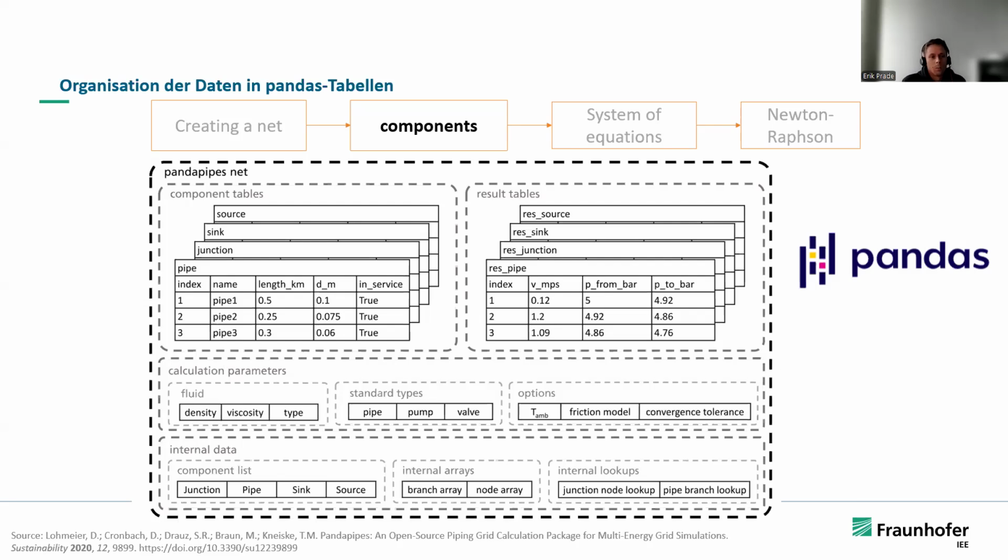Apart from these component tables, we also have additional information stored in, for example, standard type tables or options for the pipe flow calculation: which friction model do you want to use, what tolerance do you set for the Newton-Raphson convergence, what is the ambient temperature for your model so that the heat losses from the pipes can be calculated, and what are the fluid properties.